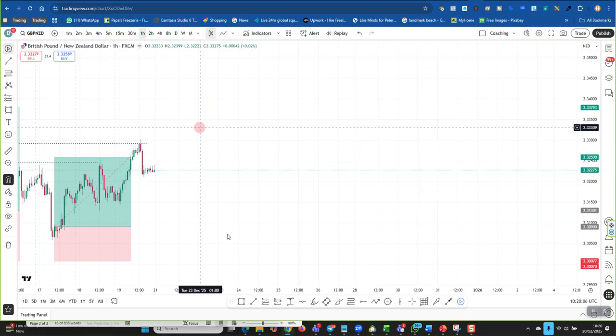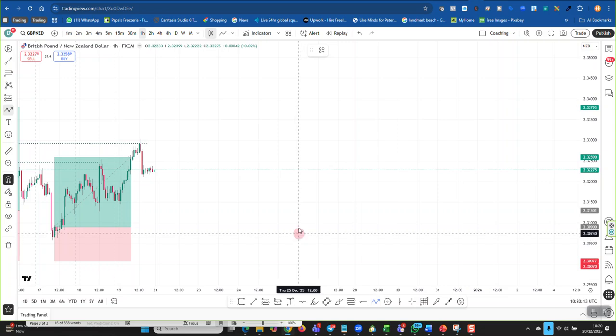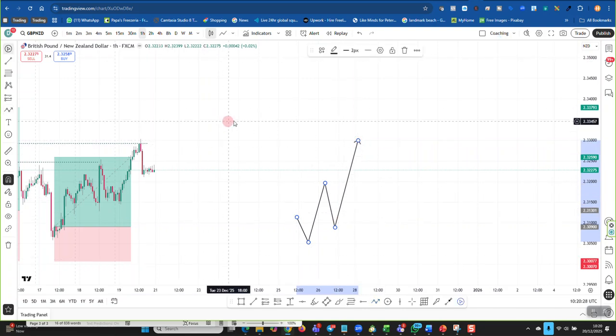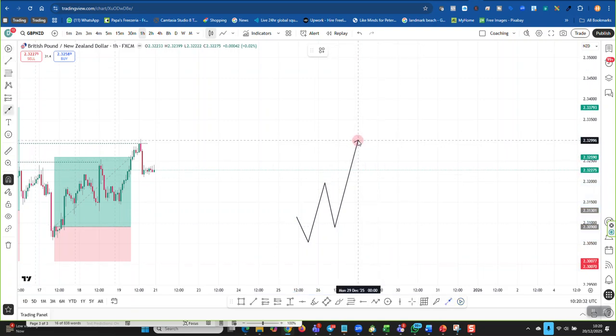Let's say that we have this, and then we have this breakthrough here. Typically what we want to see is price come back down into some liquidity here, and then from here it will now go up.